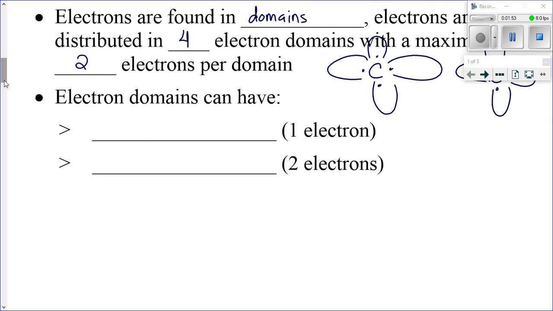Now electron domains can have 2 types of electrons. If there is only 1 electron, this is called a bonding electron. If we have 2 electrons that are paired up together, they're referred to as a lone pair.